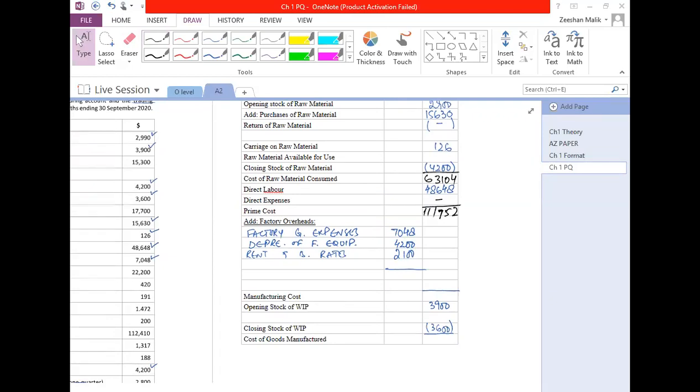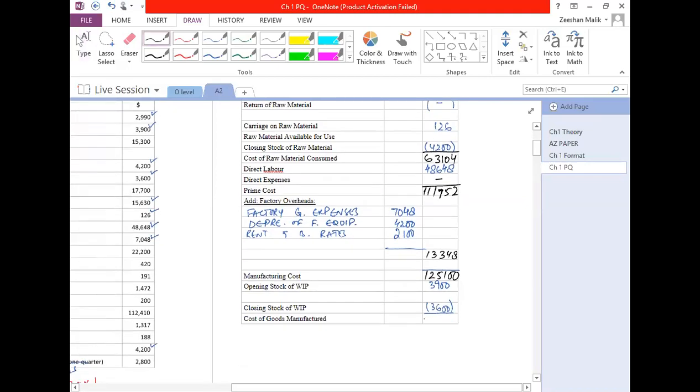It makes 13348 plus 111752, 125100. Calculators, please verify the answers. You all are A2 students, please verify the answers.